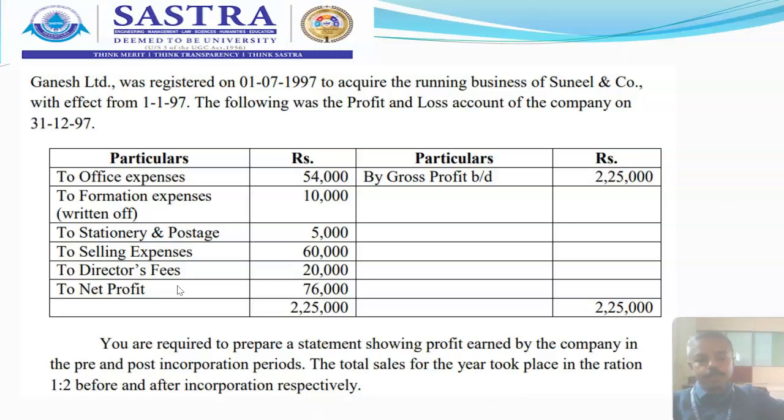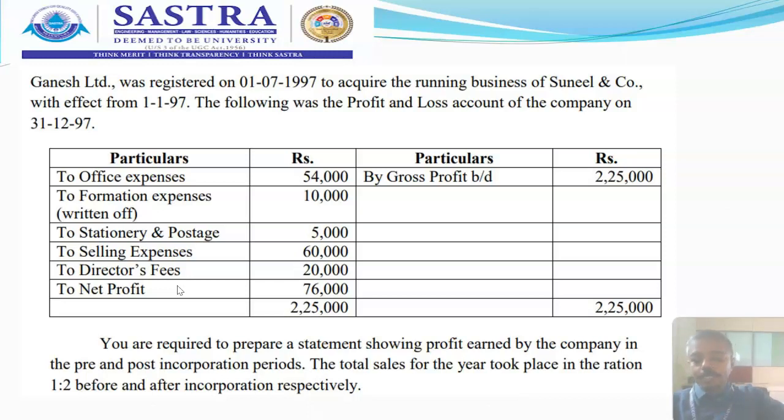So now what to do in the apportionment? Which ratio? Apportionment means either the time ratio or the sales ratio. Now it is a regular expense, so let us bring it into apportionment. The word itself says selling, sales, so it is directly related. Since it is a varying expense, the selling expense varies based on sales.